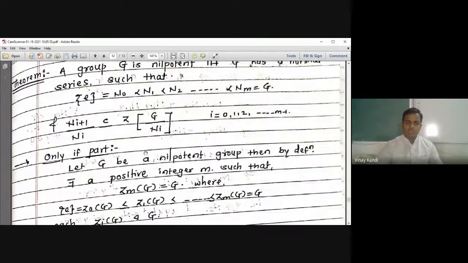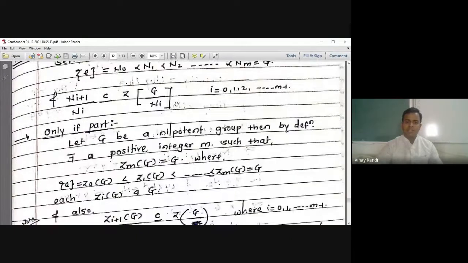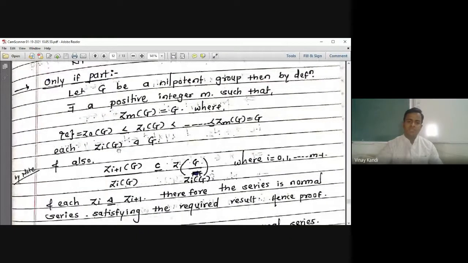Because G is nilpotent. By the definition, Zi of G is a normal subgroup. Okay, all these are the center, first center, second center, third center. These are the normal subgroups of G.